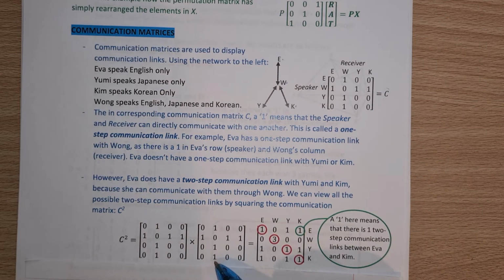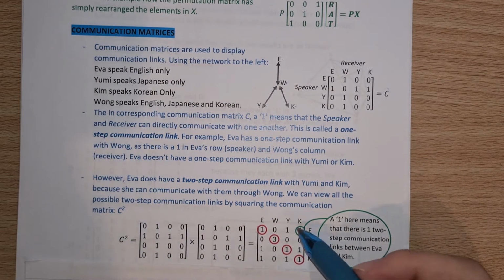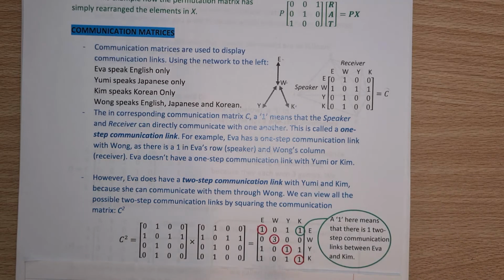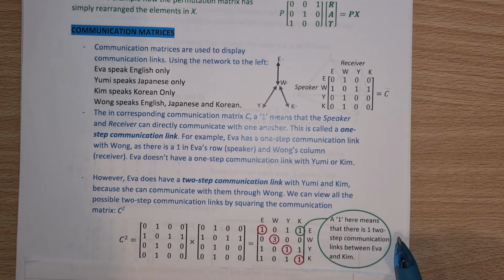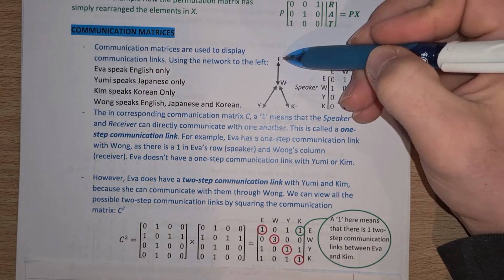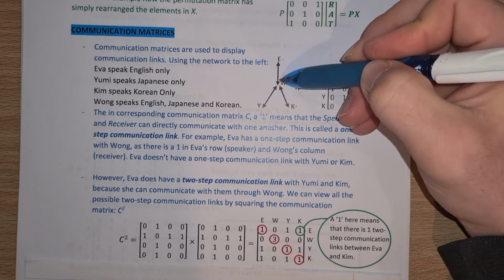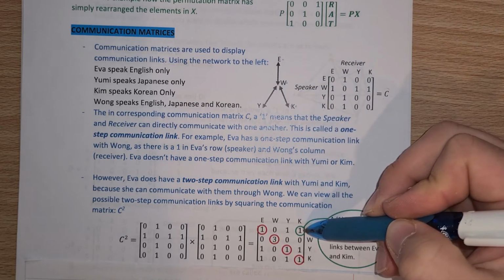This is something you would probably do in a calculator, and it spits out this matrix. So what do these numbers in the matrix mean? Say this 1 here means that there is 1 2-step communication link between Eva and Kim. So we look at Eva and Kim, there's 1 way for a 2-step communication link to exist. So we've got a 1 here.